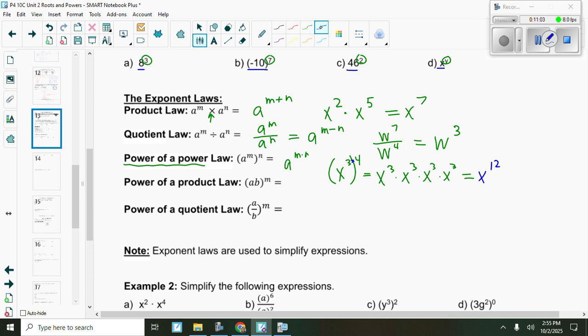This one might be, I'm not going to say it's new, but it'll be like, oh, okay, that makes sense. So what happens is power of a product law. This just means that when you have two things that are being multiplied together, two different bases, an A and a B, they're being multiplied together in my brackets, and then I'm raising everything to the exponent m.